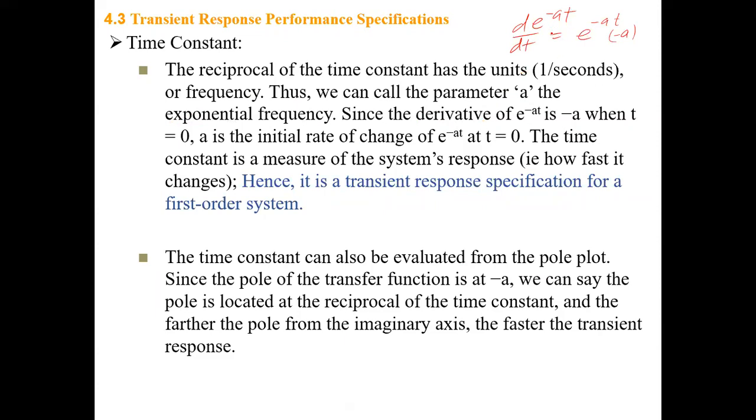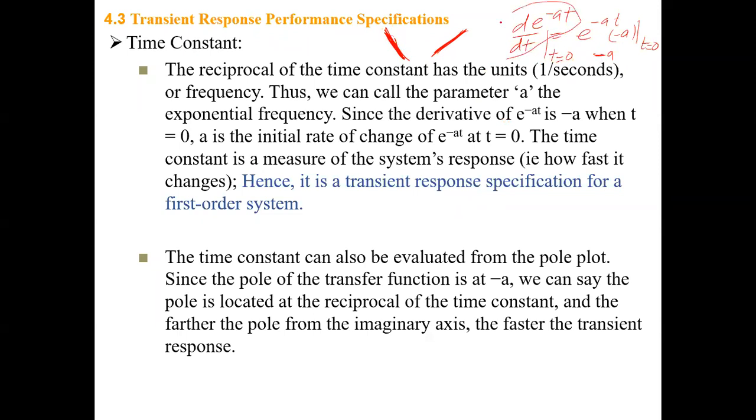So at time t equals 0, what is this derivative? The exponent is 0, so e to the 0 is 1, and we get simply negative a. Negative means the slope goes this way, not that way. That's the meaning of negative and positive slope, so let's not worry about the negative sign. The time constant gives you the rate of change.